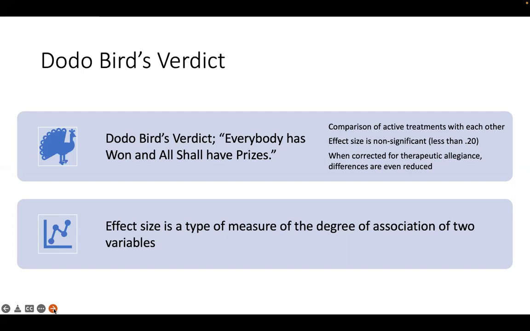When there was a comparison of the active ingredients in specific models, they found a non-significant effect size. What we tend to do in our research is compare a model to no treatment, or compare a model to what's considered treatment as usual, which is usually psychoeducation, or something within community mental health where the treatment is pretty disjointed.